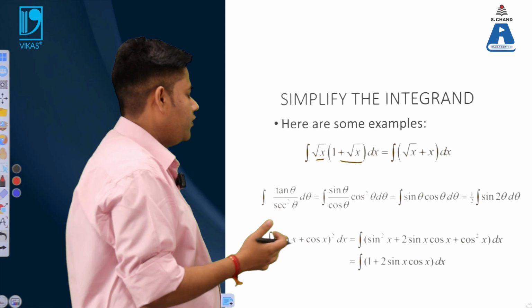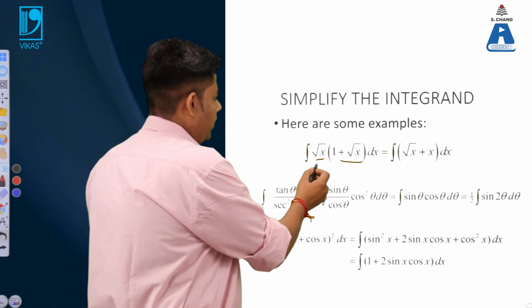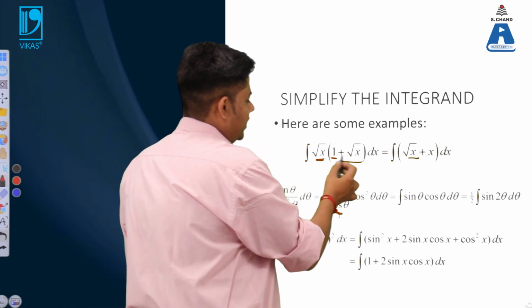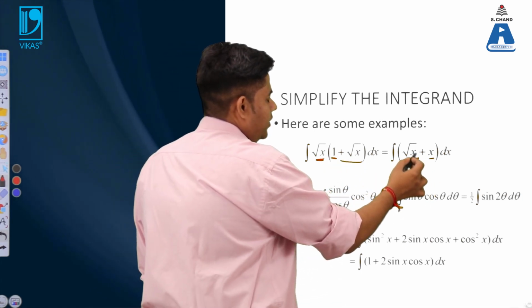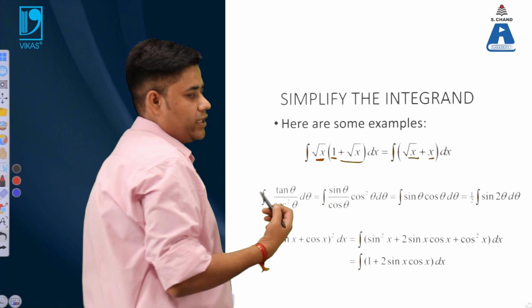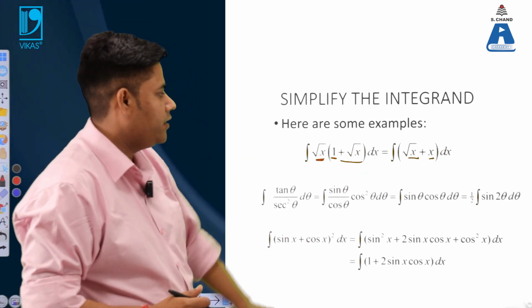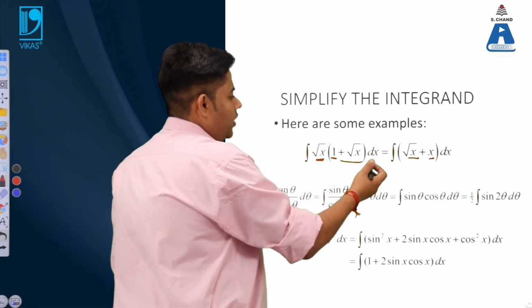So for that, we'll look for simplifications. We'll multiply this root x with 1. We'll get root x, and root x multiplied by root x is x. Now we get a simplified algebraic expression, and we have the integral of these two different terms.